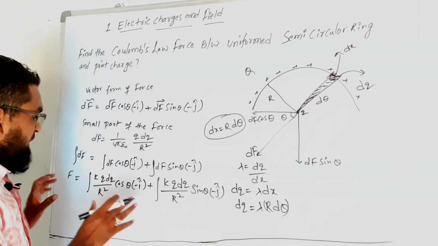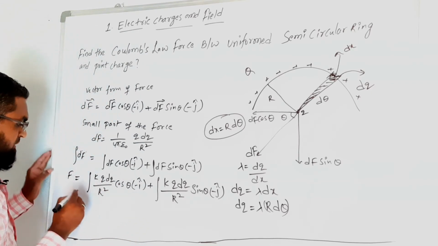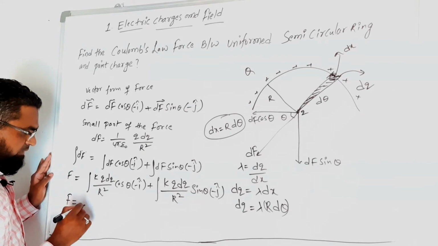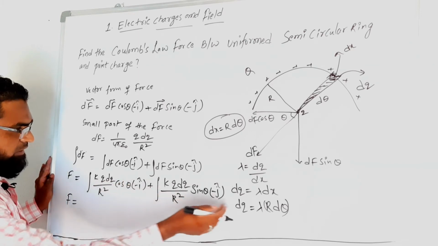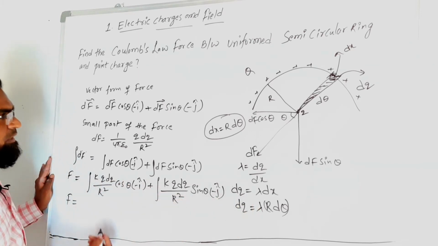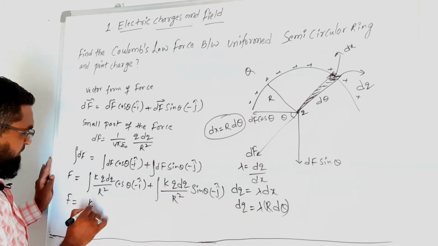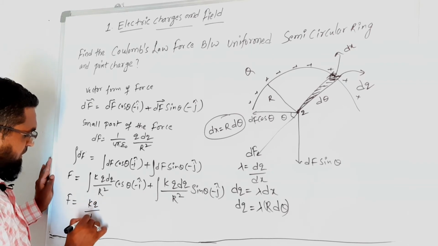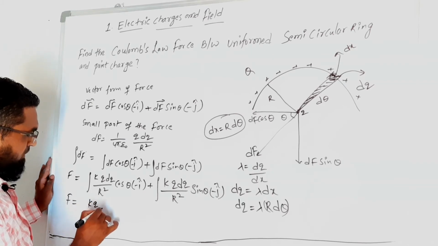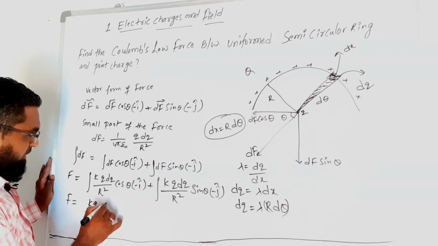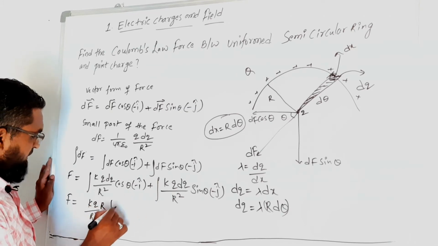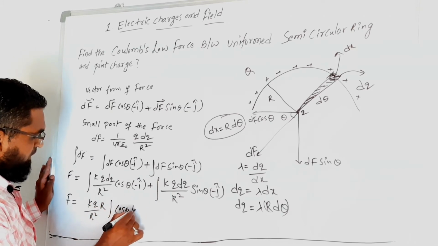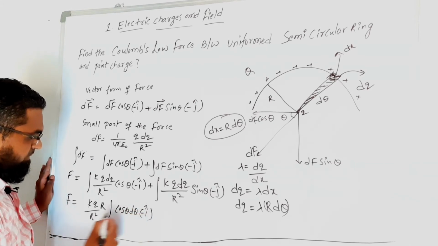Next, we have to substitute the values. F equals, this whole thing is constant, and dq is lambda into r into d theta. So we write k into q by r square, and the remaining r also is there, cos theta d theta minus i cap.